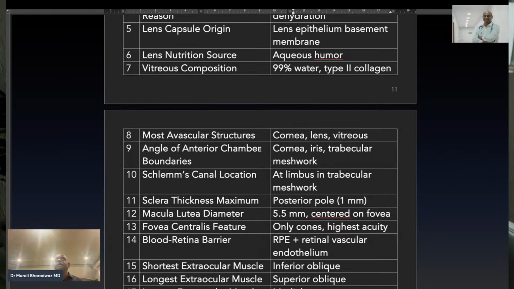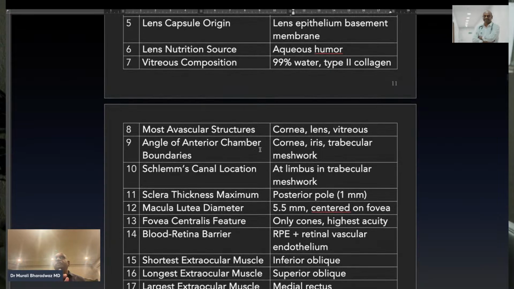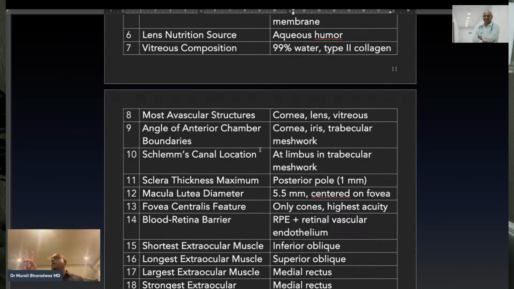Then the lens capsule comes from the epithelium. Lens nutrition comes from aqueous humor. Then what is vitreous? 99% water only. And what type of collagen? Type 2 is vitreous. You can say 2 vitreous.